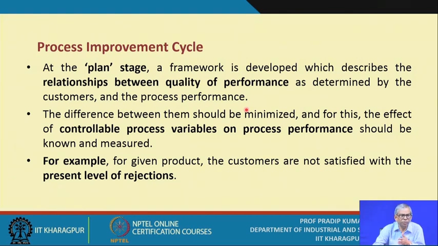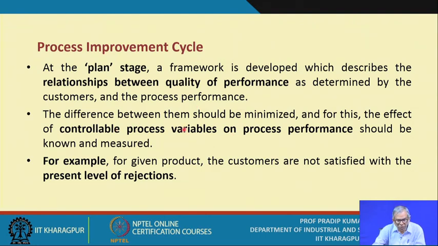So, the quality of performance is the ultimate test of quality, and this is determined essentially by the customers. Now, obviously, this quality you get from the process or from the conformance systems or the manufacturing system. So, the manufacturing system is conceived as a collection of interrelated processes. So, the process performance is ultimately determining the quality of performance.